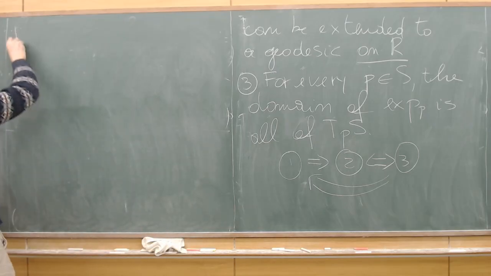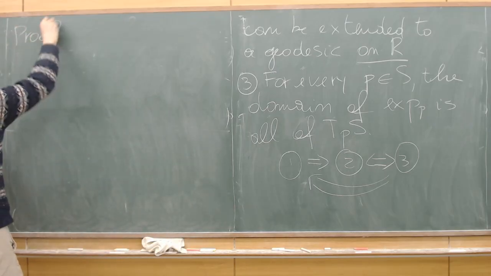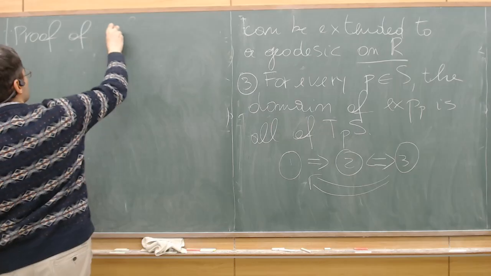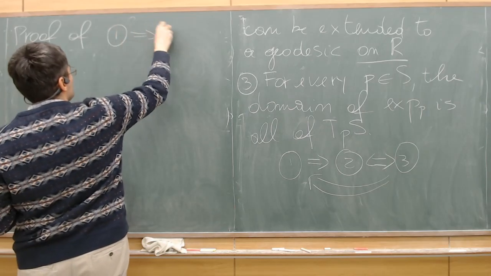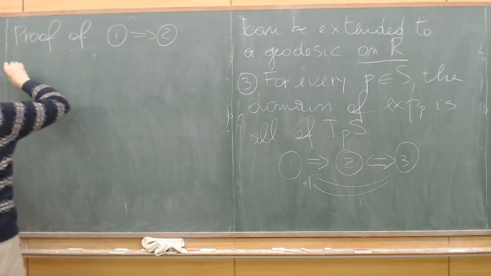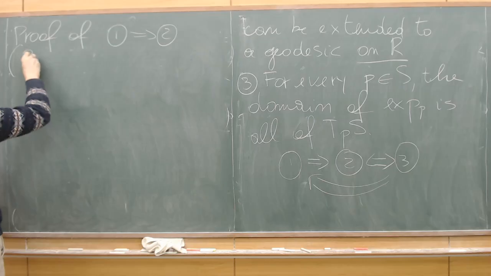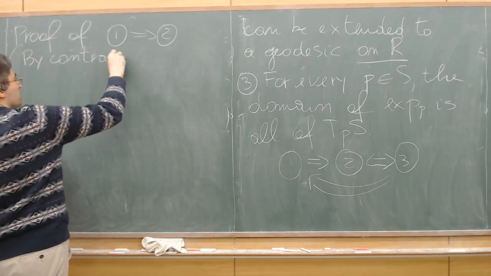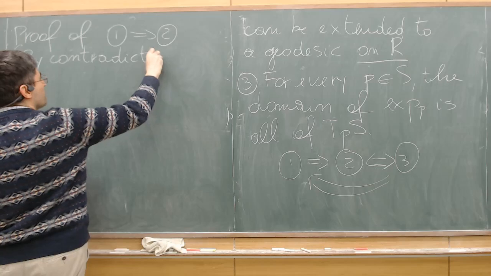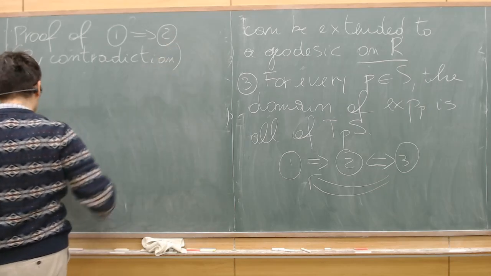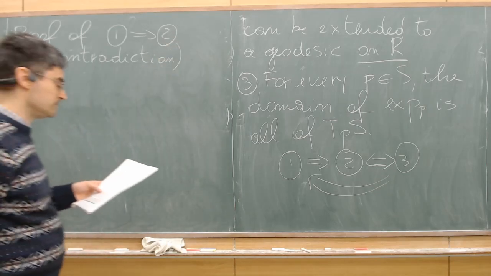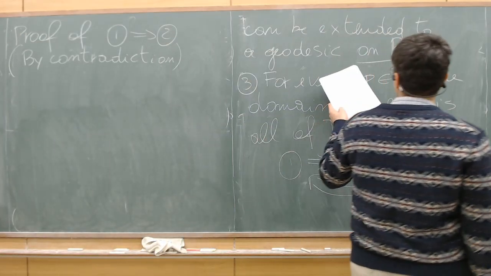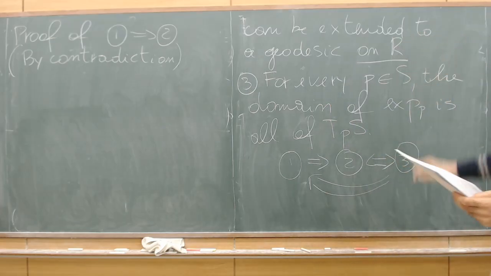So, proof of the fact that 1 implies 2. This is done by contradiction. So suppose the second statement is not true.